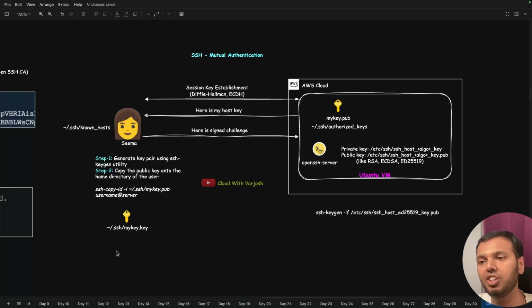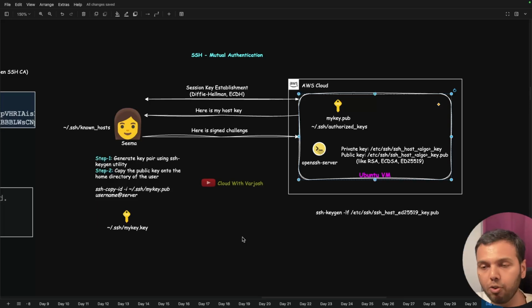With SSH, the encryption happens at the very beginning. If you see here, this is step 1, and step 1 has arrowheads in both directions, which implies that with SSH both Seema and the server participate and they generate something called a session key. A session key can be thought of as a symmetric key.